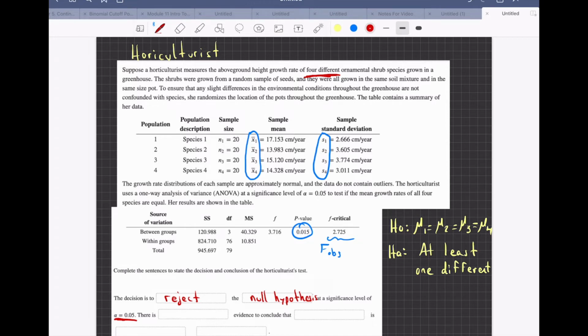There is sufficient evidence to conclude that... Notice, if we are rejecting the null hypothesis, we are saying that the evidence goes in favor that not all the means are equal. So there is at least one difference.